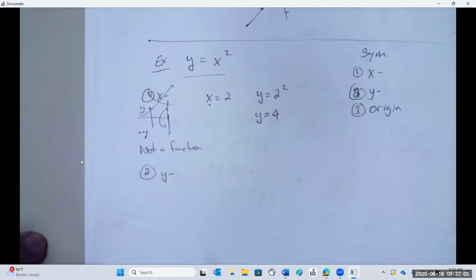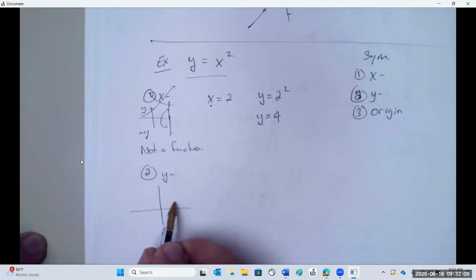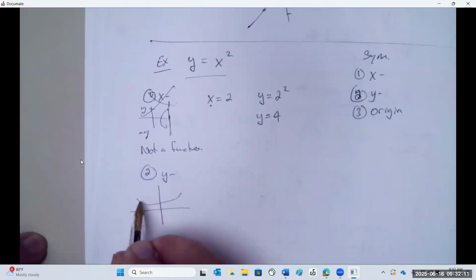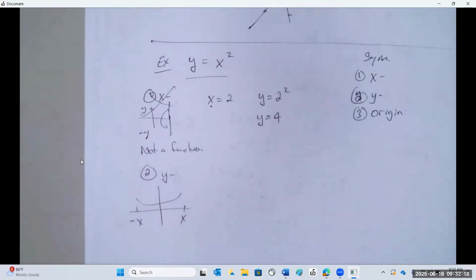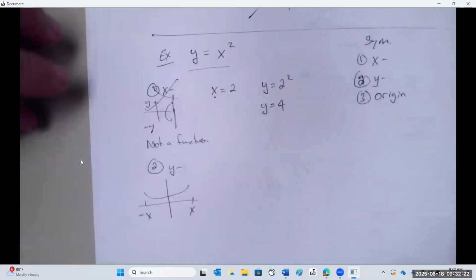How about the y-axis? If it's symmetric about the y-axis, then we have to have the same x's but different signs. So let's see.